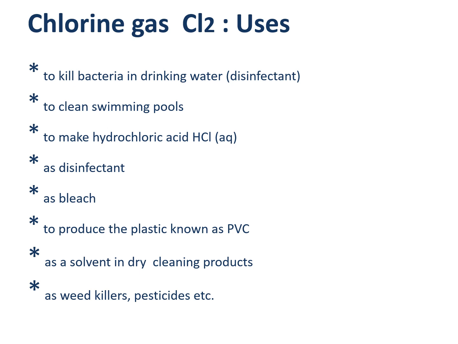Chlorine gas is used as a disinfectant, as a bleach, also to produce the plastic known as PVC, polyvinyl chloride. Chlorine gas is used as a solvent in dry cleaning products, and chlorine gas is also used in the production of weed killers, pesticides, etc.